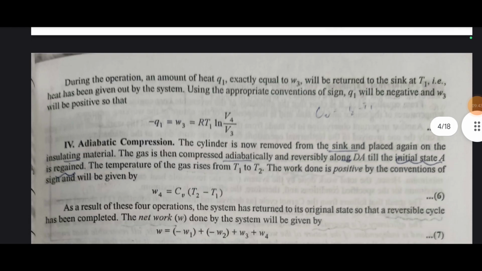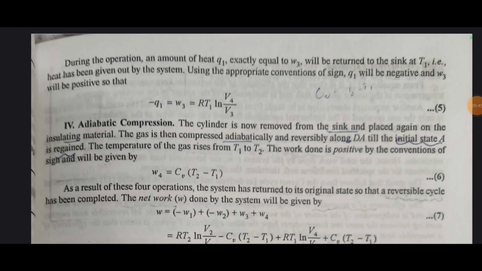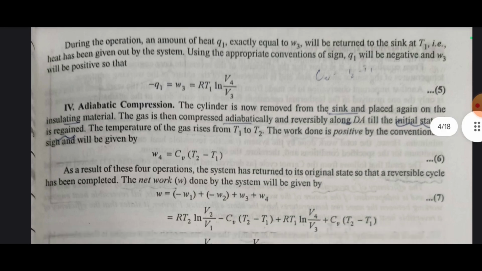During the operation, an amount of heat Q1 exactly equal to W3 will be returned to the sink at T1, that is, heat has been given out by the system. Using the appropriate convention of sign, Q1 will be negative and W3 will be positive, so that minus Q1 is equal to W3 is equal to RT1 into ln of V4 by V3.